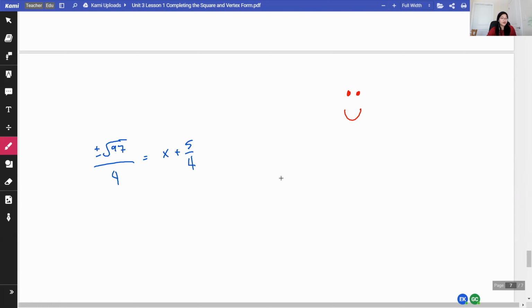And then I have b squared minus 4ac over 4a squared, and then I need the square root of that, plus or minus, with x plus b over 2a.